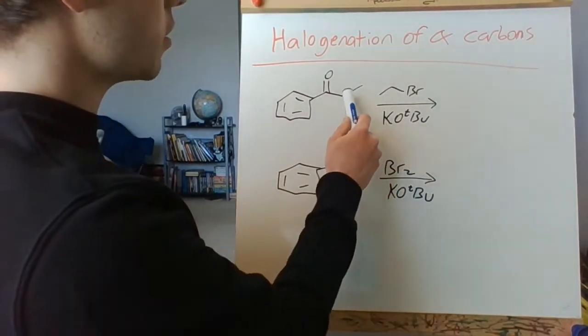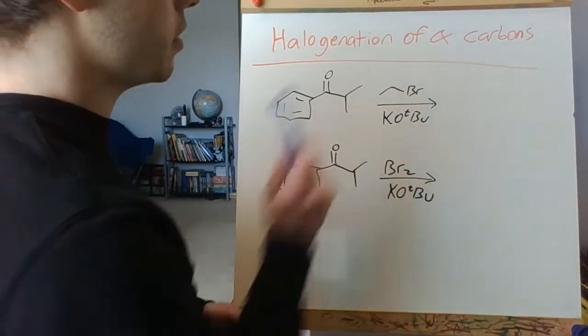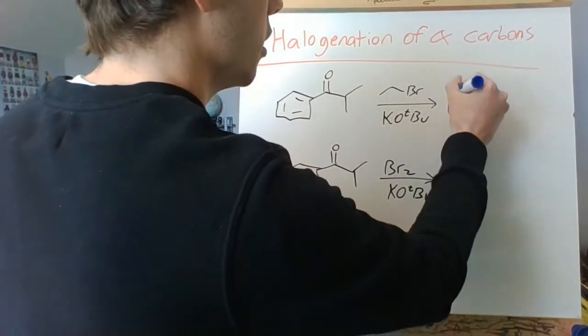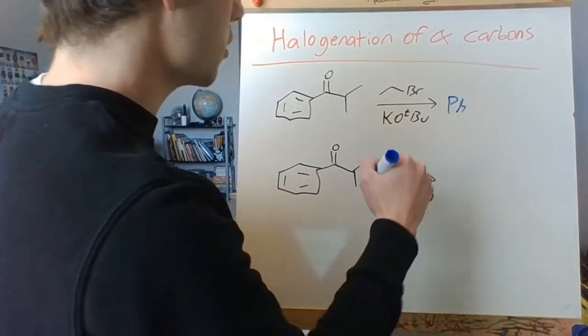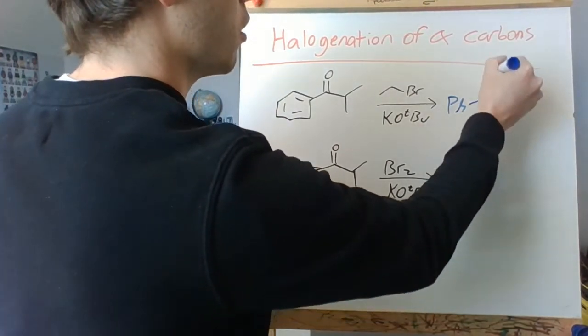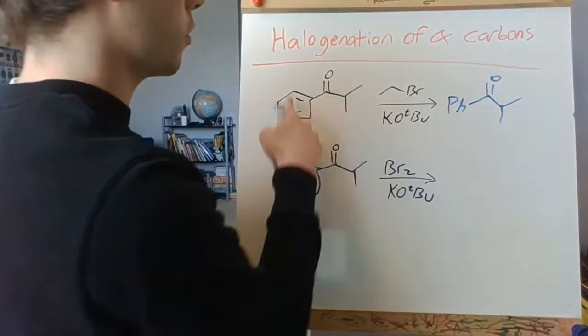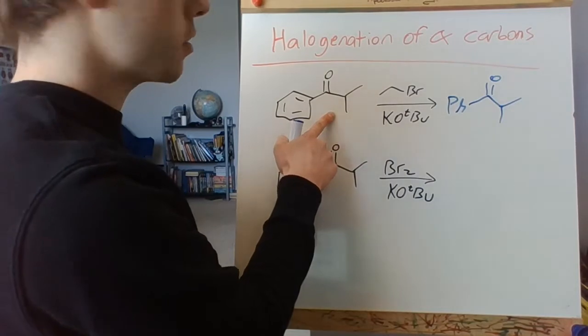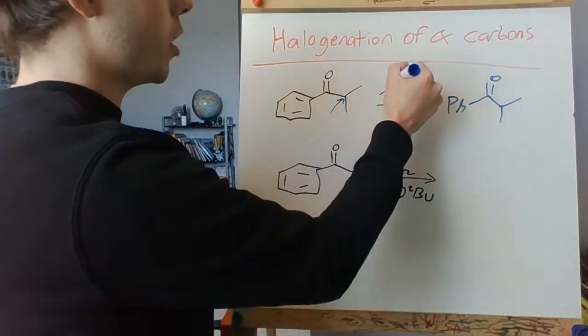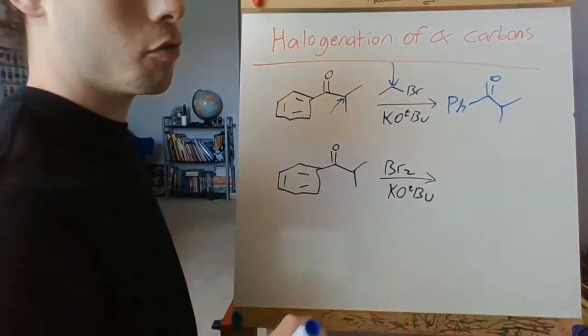And then this enolate attacks the partially positive carbon, and we make a new carbon-carbon bond. In this case, I'm just going to write Ph for phenyl. We draw out all the carbons that were here in the first place, and then our alpha carbon right here makes a new bond to this carbon right here.